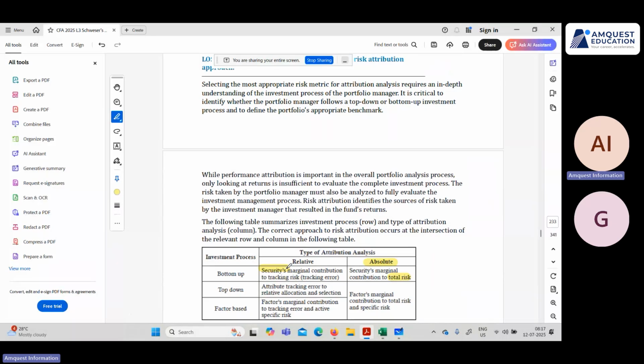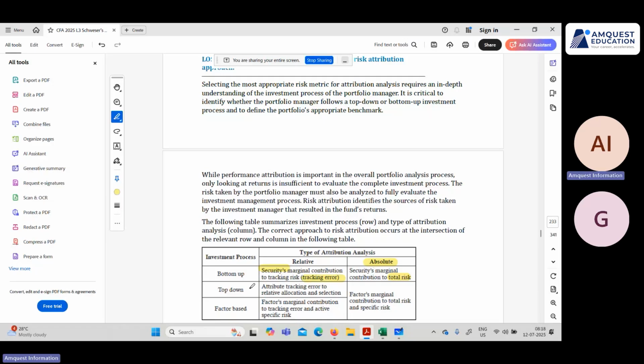But at the end of the day, you will boil down to the security level. So when you are looking at bottom up, you are looking at each and every security, how much that security is different from the benchmark security, and how much it is tracking. Hence the tracking error, and this represents the overall marginal contribution to total risk.